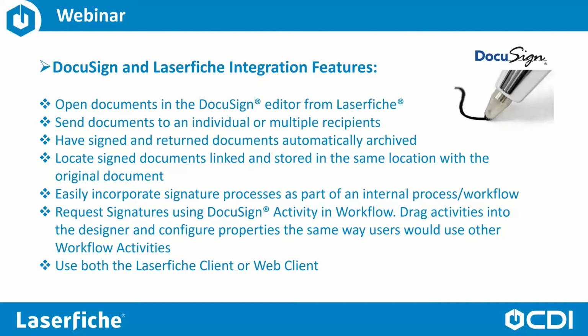It opens in the DocuSign editor where you can then fill in the metadata as far as who needs to sign, what additional information is required to be captured, and then that can be sent electronically. Once it's signed, it can go back into the Laserfiche repository. So you can do this on an individual basis, or you can add multiple recipients to this specific process.